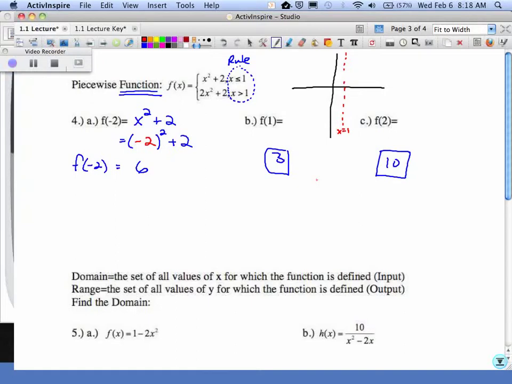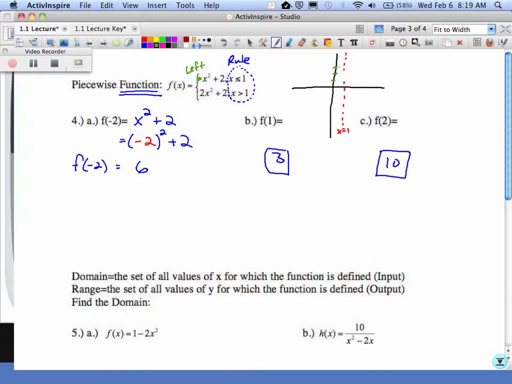I'm going to graph x squared plus 2. Now I'm only supposed to graph it when the x's are less than 1, right? So this will be on the left side of the red line. So what happens when you plug in 1 to x squared plus 2? What do you get? 3. Should I put an open dot or a closed dot there? Am I allowed to use 1? I'm allowed to use it because it's equal to.